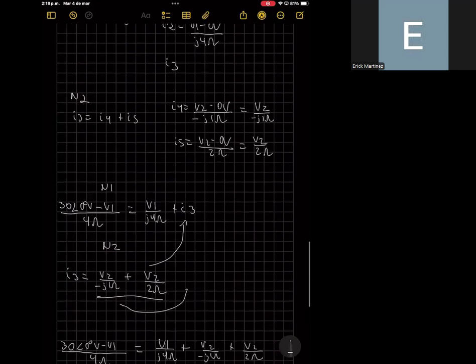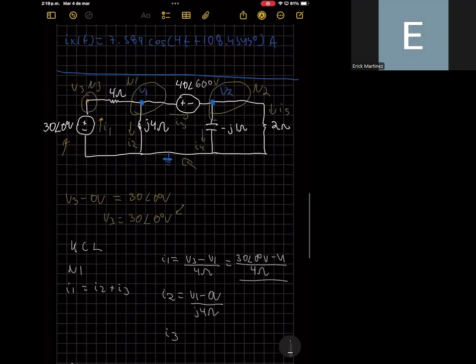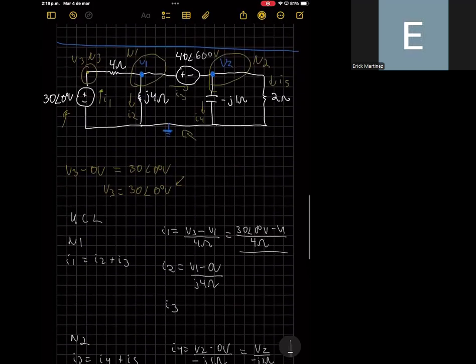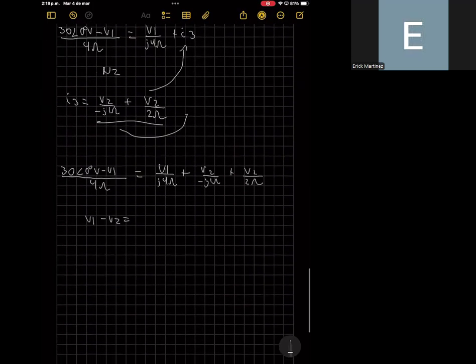But we don't know the value of V1 and V2. What we can do, if we go to the original circuit, is see that the difference in voltage between V1 and V2 should be equal to this value. So we can say that V1 minus V2 is equal to 40 with an angle of 60 degrees volts.